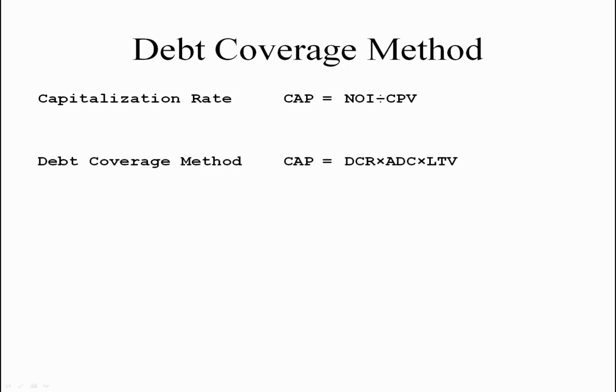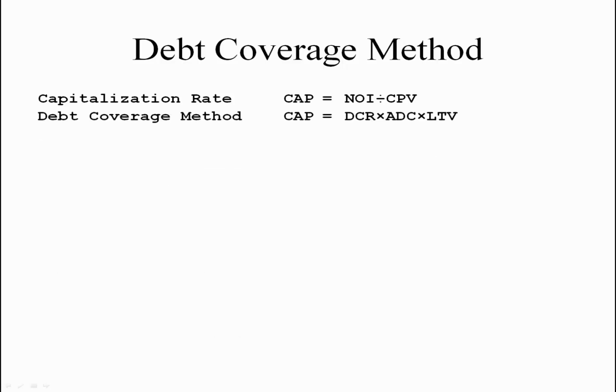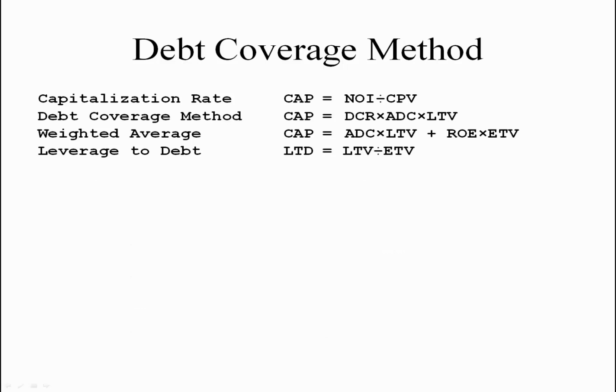Debt coverage method. Capitalization rate, NOI divided by CPV. In the debt coverage method, cap rate equals debt coverage ratio times annual debt constant times loan-to-value ratio. We've already shown the weighted average method. Leverage to debt is the LTV divided by ETV.